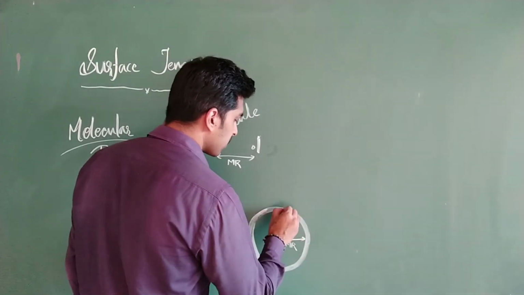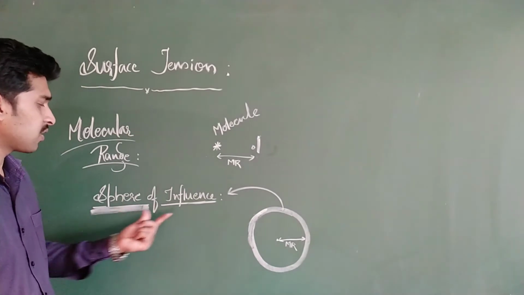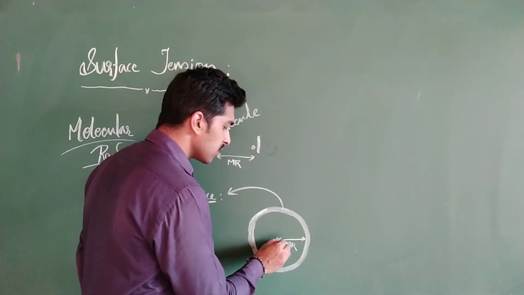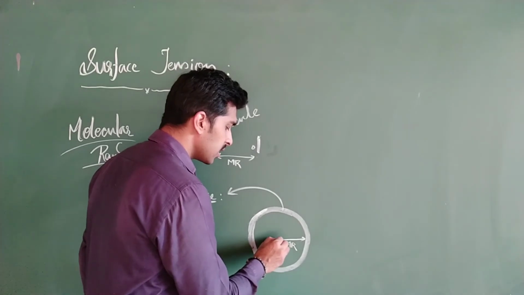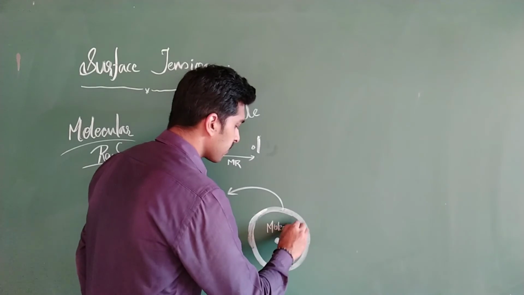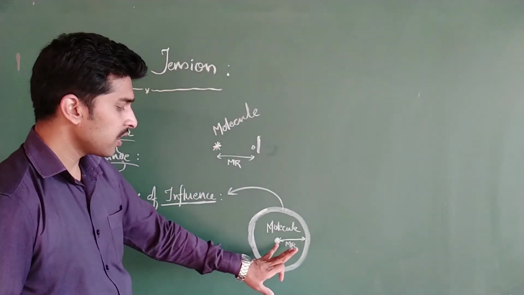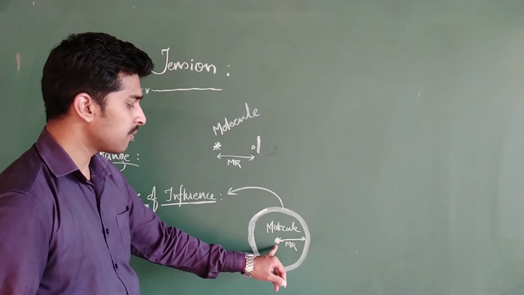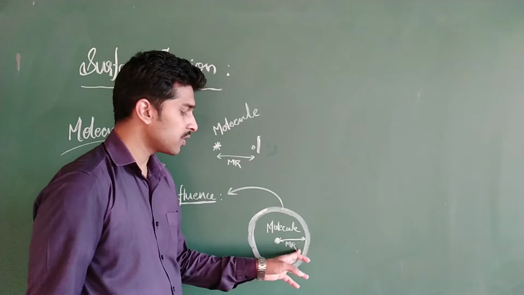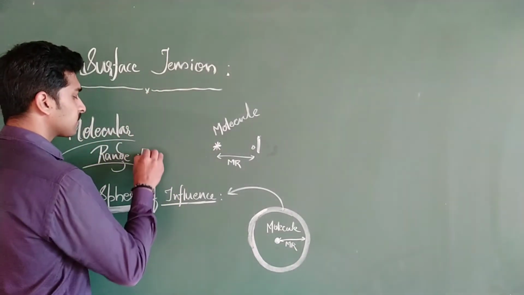That sphere is known as the sphere of influence. That means here we have a molecule at the center of the sphere, and its radius is equal to the molecular range. MR is the molecular range. Okay?